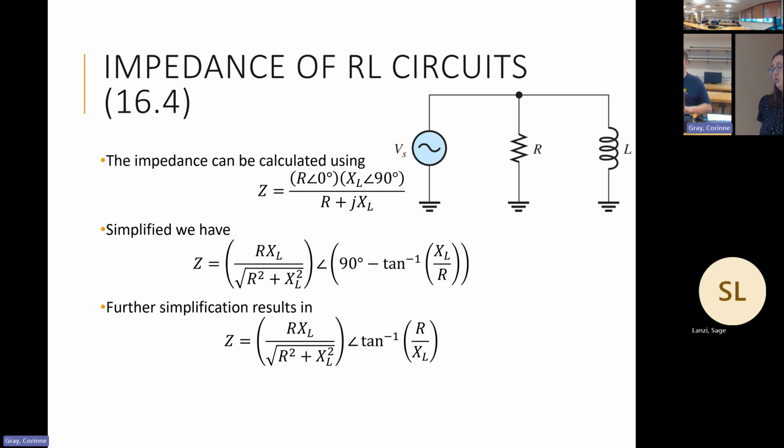This should look fairly familiar in comparison to the parallel RC circuit. For the parallel RC circuit, it looked exactly the same except the L's were replaced with C's. So X is still in the same location, except it's XL for the inductor in the resistor-inductor case, and XC for the resistor-capacitor case.